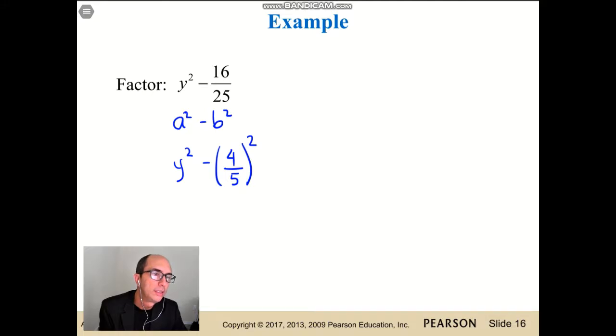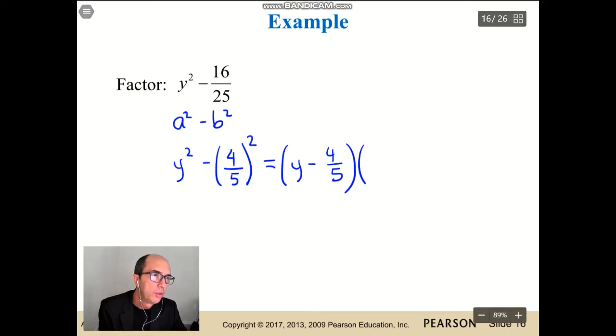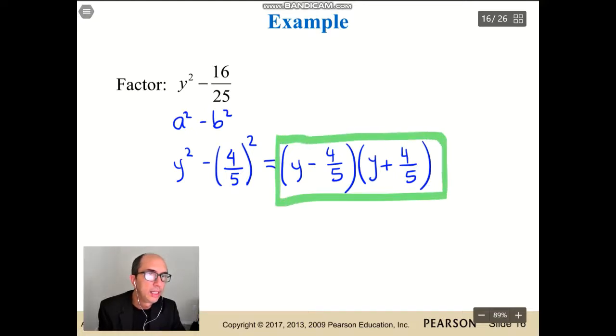Inside parentheses, everything is squared. That means we can represent this as (y minus 4 over 5) times (y plus 4 over 5). This is equal to the original expression.